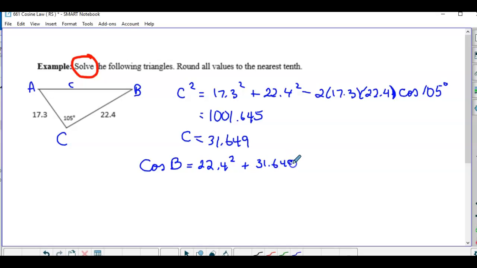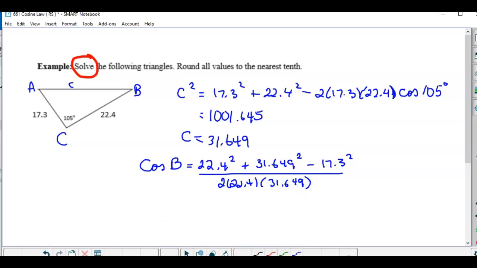So I'm keeping 3 decimal places. It is in my calculator, so I'm going to use it. And then minus the side opposite, 17.3 squared. And then divide by 2 times 22.4 times 31.649.